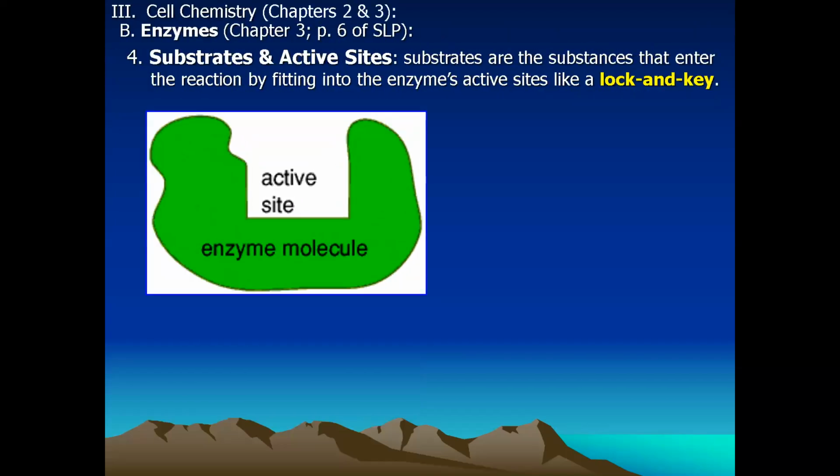Okay, so the active site is where the reactant or substrate binds to the enzyme. And it binds, and we talked about this in the very first lecture, like a lock and key specificity. You can't put a square peg in a round hole. You guys remember that? That's the same thing with substrates and active sites. Got to be the right shape.